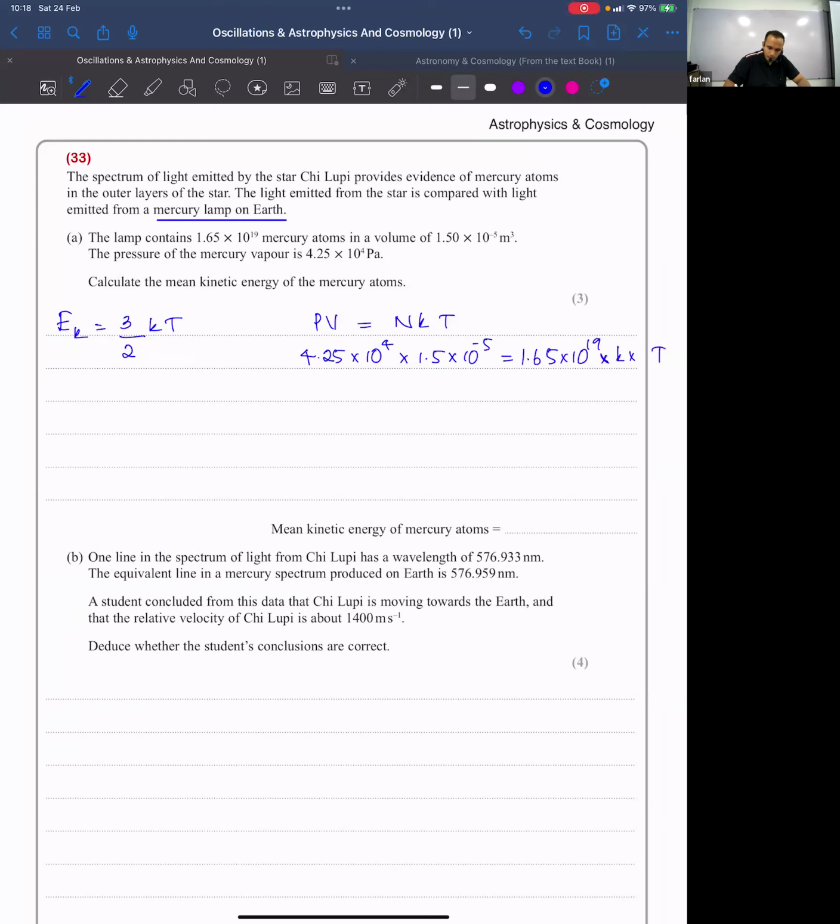So that will give you 4.25 into 10 to the power 4 into 1.5 into 10 to the power minus 5 over 1.65 into 10 to the power 19, and also divided by the Boltzmann constant 1.38 into 10 to the power minus 23. Is it 2799.7?